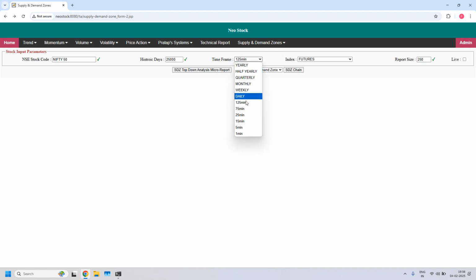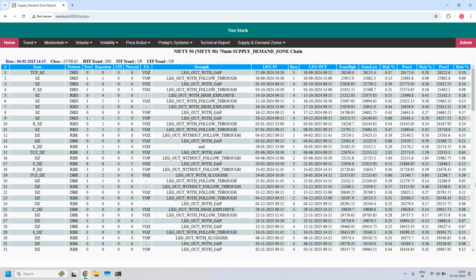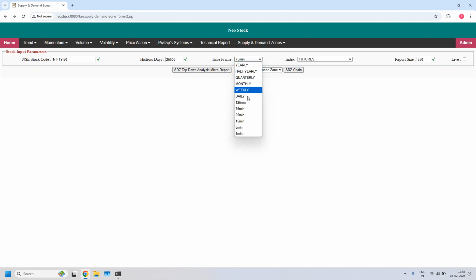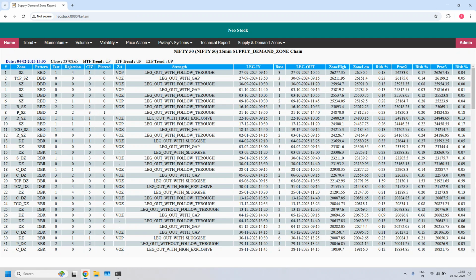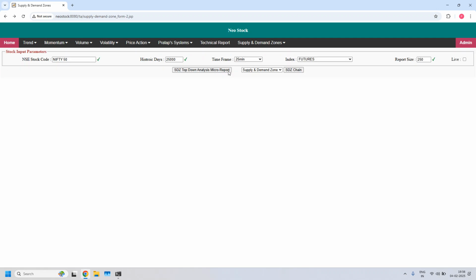Next, 75 minute supply demand zone chain for NIFTY. Next, 25 minute supply demand zone chain for NIFTY. Next, 15 minutes supply demand zone chain for NIFTY.